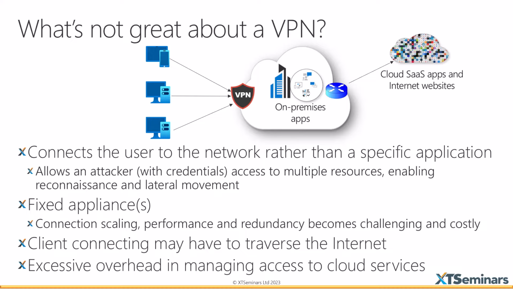Imagine a client at some remote location in another country and they want to get at a SaaS app. And they're coming in through the VPN. So they're coming all the way across the internet to the VPN point. And then maybe they're going all the way back to the country they're in to access the app that's in a data center just a few hundred yards down the road. And then you've got excessive overhead in managing access to cloud services. So VPNs are not great.